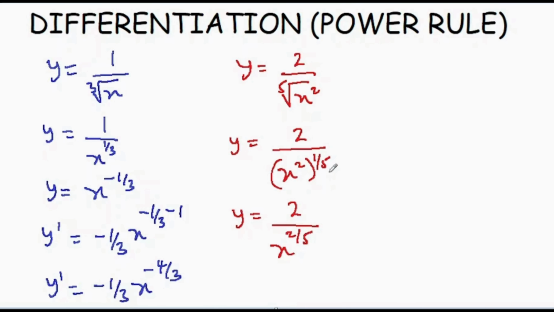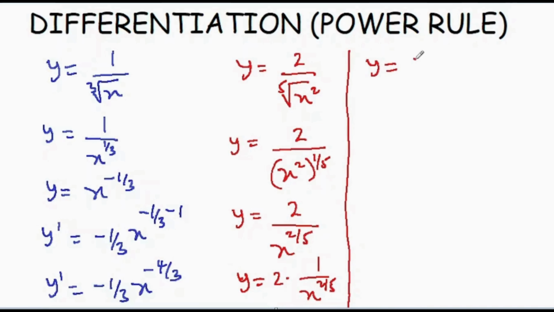That's 2 times 1 over 5, that's 2 over 5. Okay, we can rewrite this as 2 multiplied by 1 over x raised to power 2 over 5. So still using the law of indices, y is equal to 2 multiplied by x raised to power negative 2 over 5.